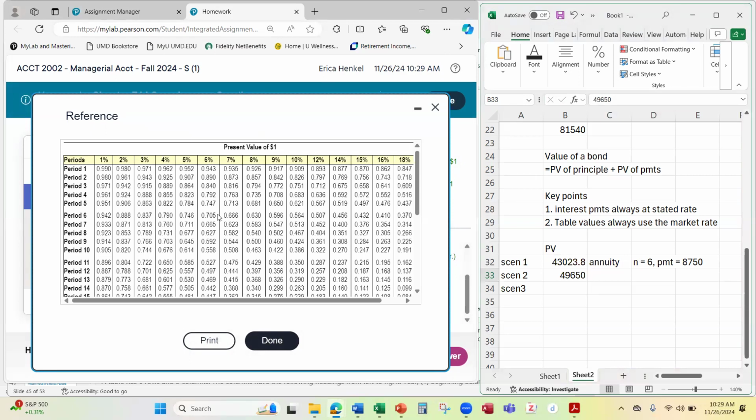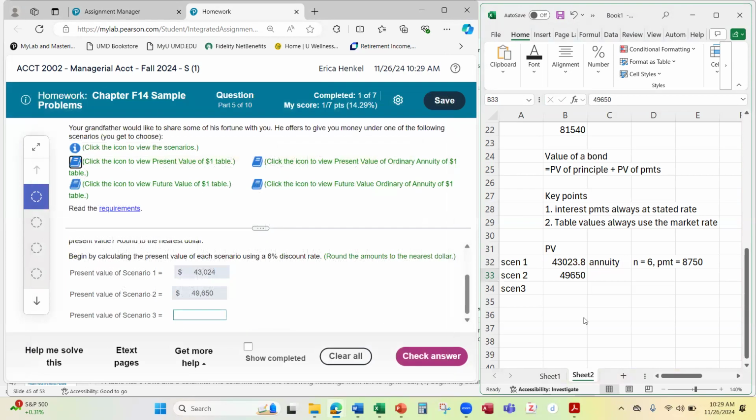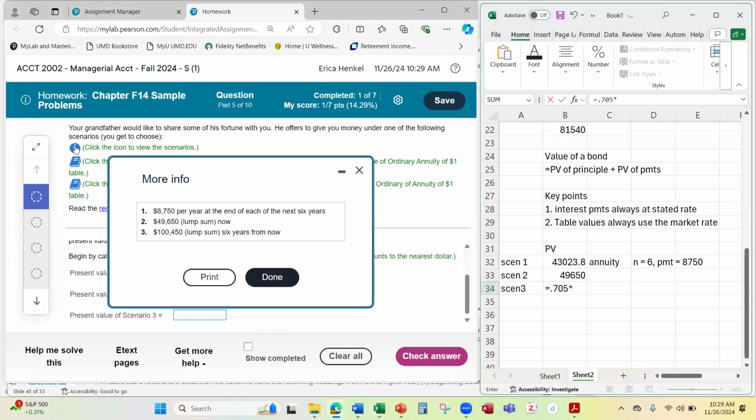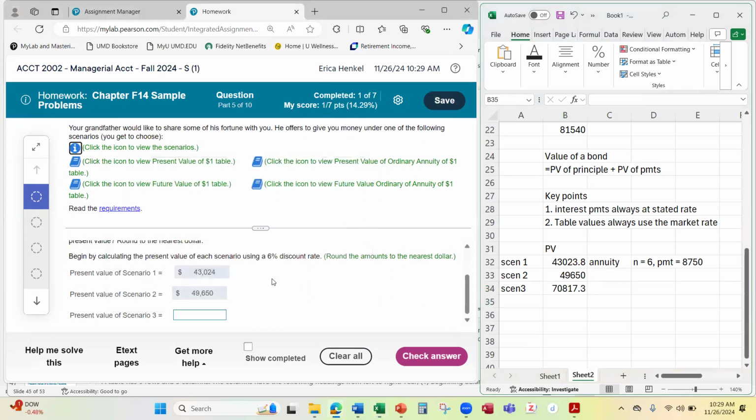So 0.705 times the amount we would receive, which is, hold on here, the 100,450. So 78,170, rounded down. Okay.